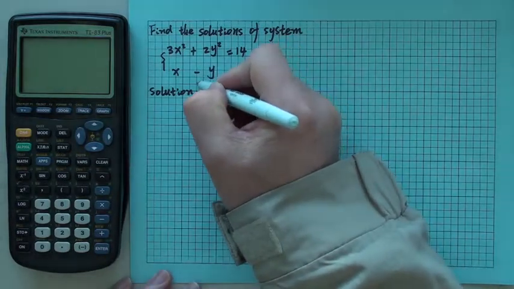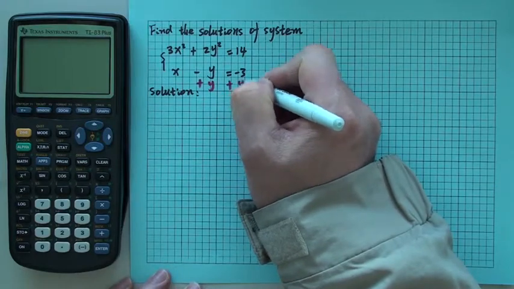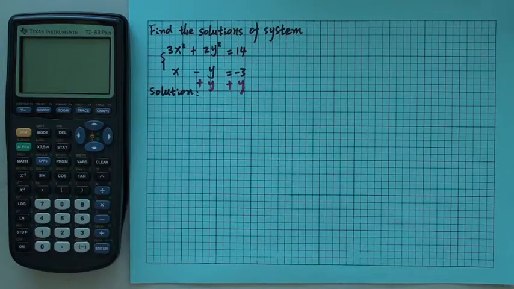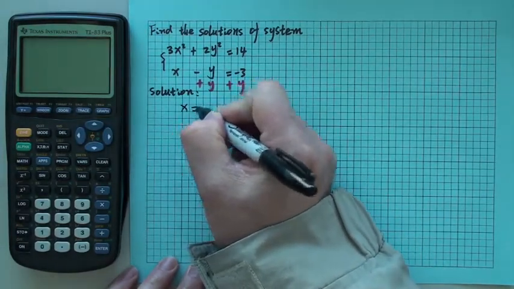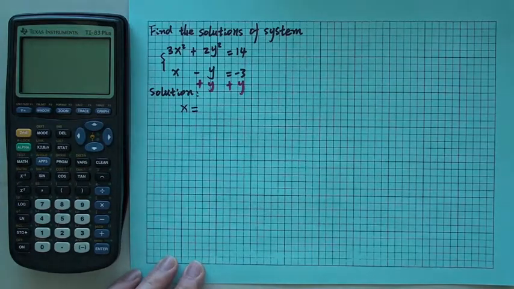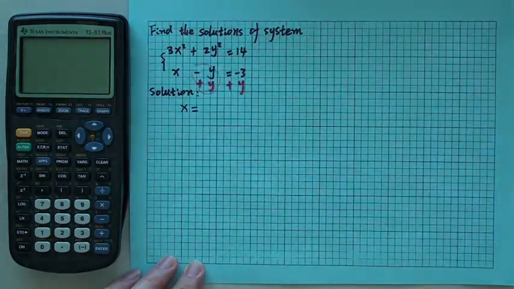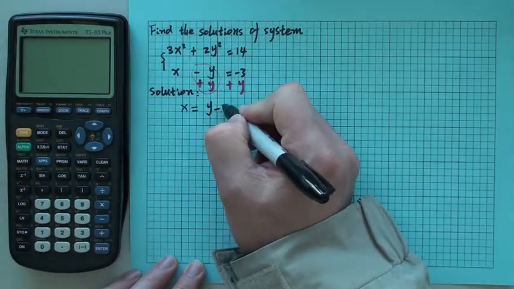If we add y on both sides, then what we get is x on the left hand side, and those two are cancelled. The right hand side is y minus 3.